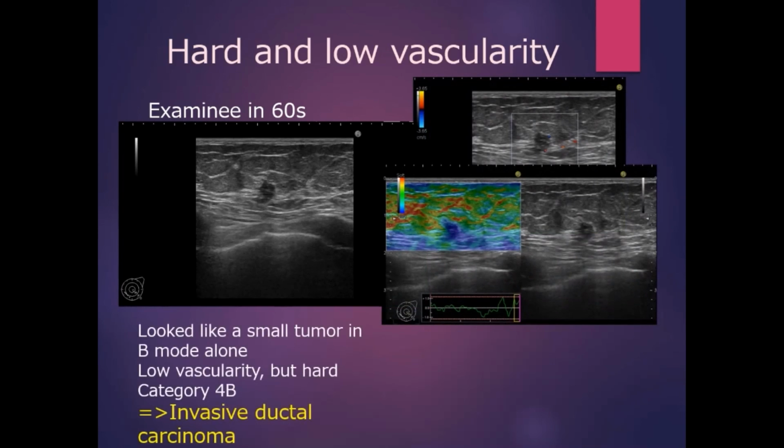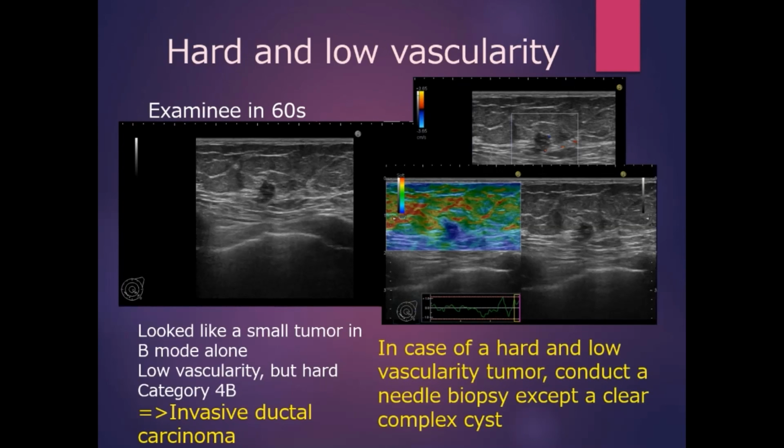But I judged it as category 4B because it was hard. It was proved to be invasive ductal carcinoma after a needle biopsy. In case of a hard and low vascularity tumor, conduct a needle biopsy except for a clear complex cyst.